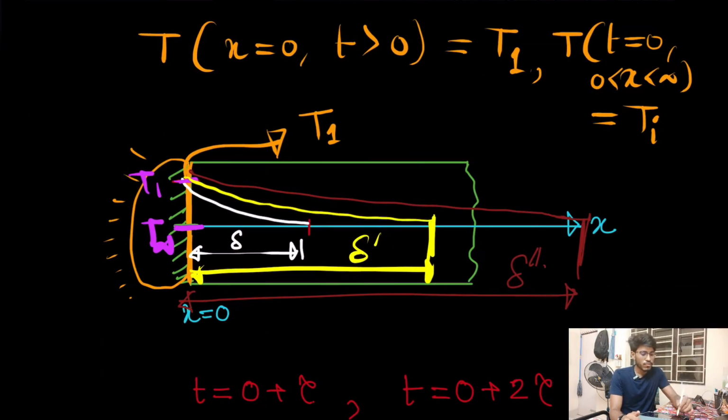Now in the previous video I told you about the lumped mass analysis and when it is applicable. And I also started the concept of a semi-infinite body, and I have already described the problem statement, and I explained it intuitively.